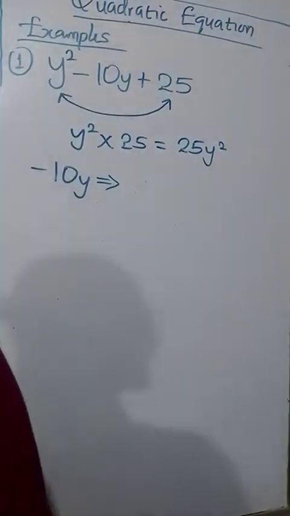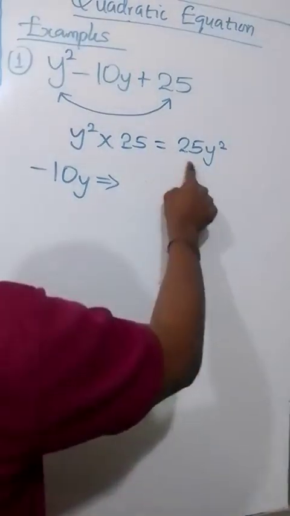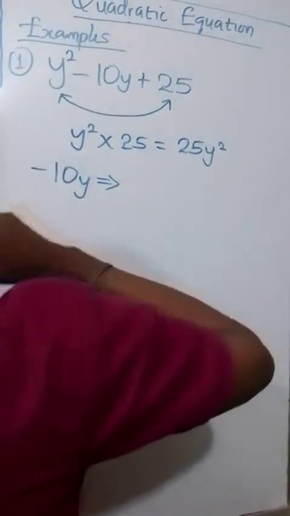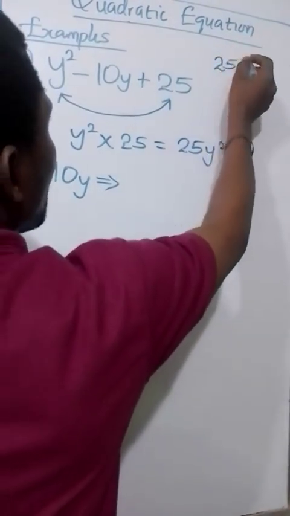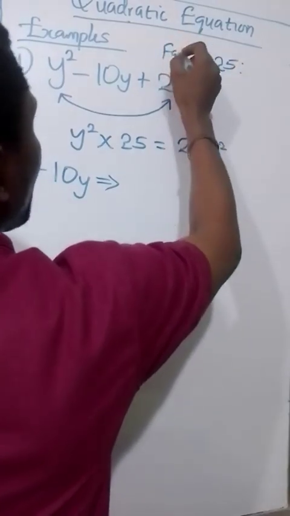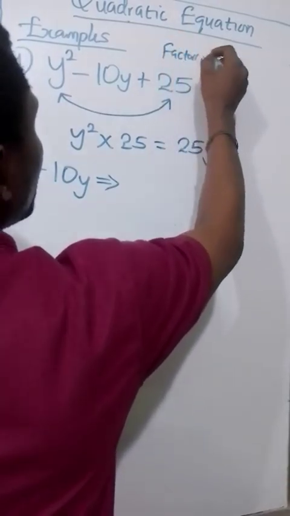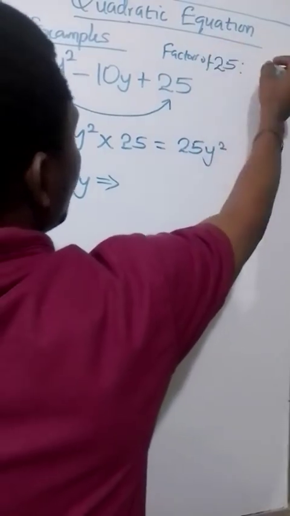So what are those two numbers? How do we get those numbers from 25? The way you do that is you look for the factors of 25. So what are the factors of 25?